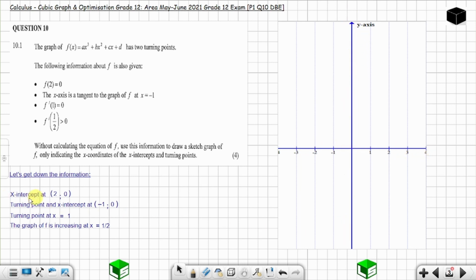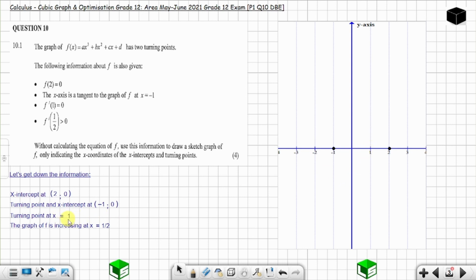You have the x-intercept at (2; 0). You also have the turning point and x-intercept at (-1; 0). And you have the turning point at x = 1.